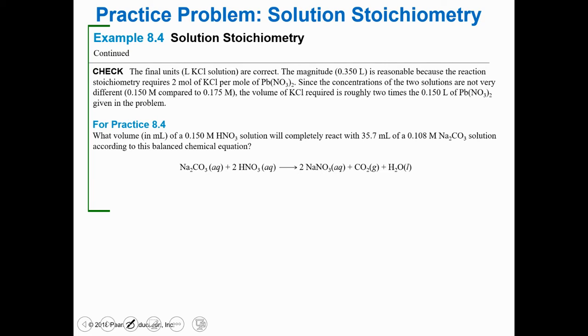Again, I want you to recognize that we're going from one compound to another. So we know we've got to get to moles. We have enough information to start with my volume of sodium carbonate. I can go to moles of sodium carbonate.